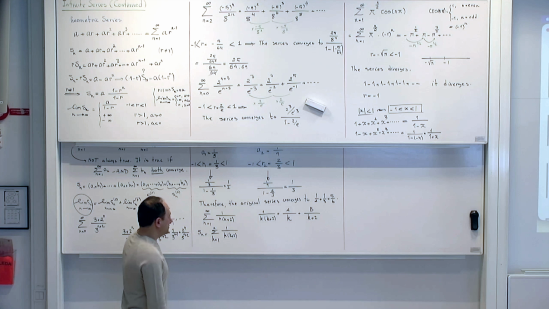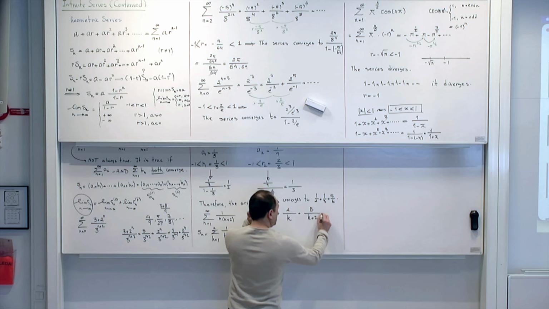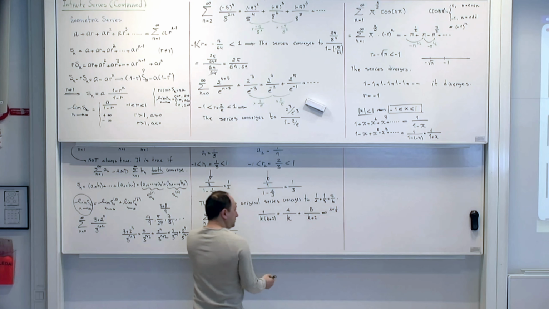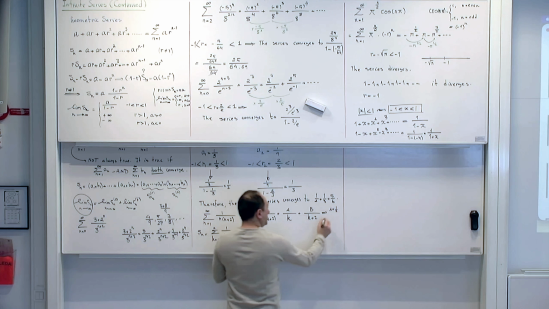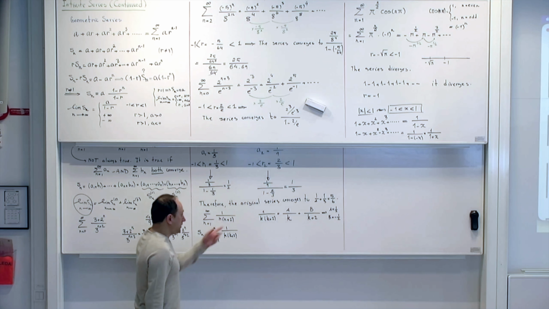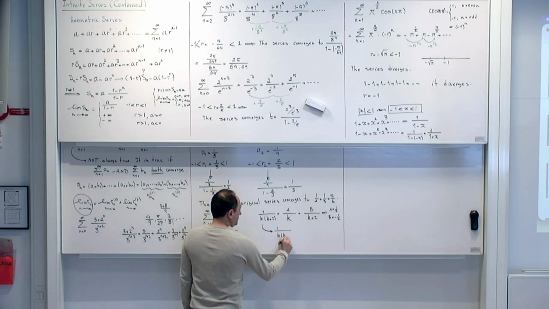But this is so simple we can guess. So a is 1 over 2, and if you cannot guess, of course you can do it the normal way, and b is minus 1 over 2.